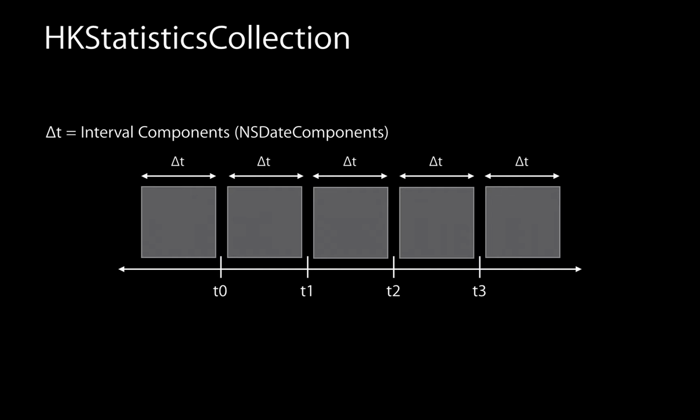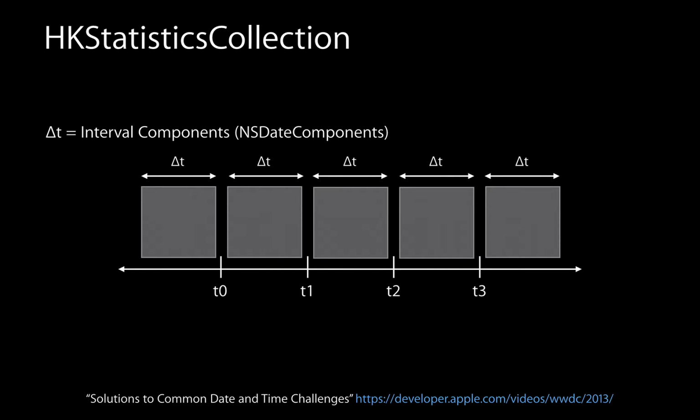The reason why we chose to use NSDateComponents is because when we talk about health information in a historical way, we tend to talk about it in days, weeks, months, and years. To do this properly, you need to use date components. If you're curious about date calculations, please see last year's video, Solutions to Common Date and Time Challenges.